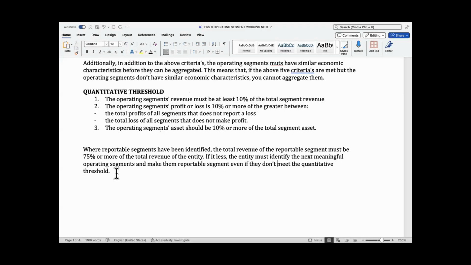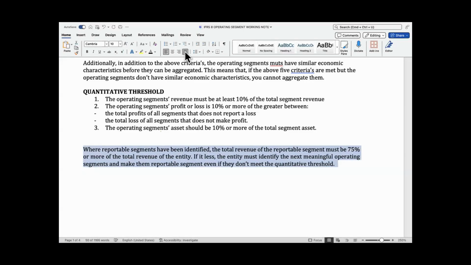It doesn't necessarily mean the next biggest operating segment, but the next meaningful operating segment.